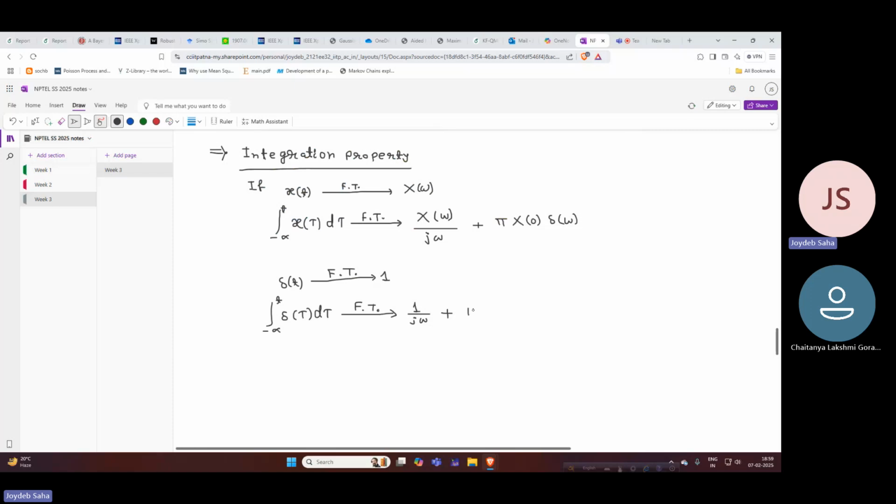That means pi multiplied with delta omega, and this is nothing but u(t).